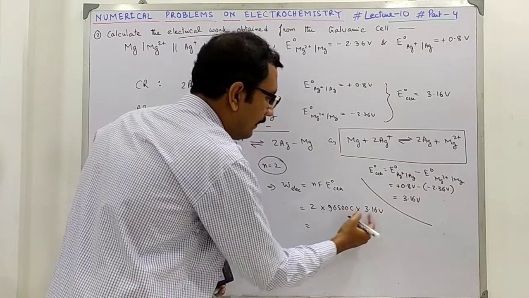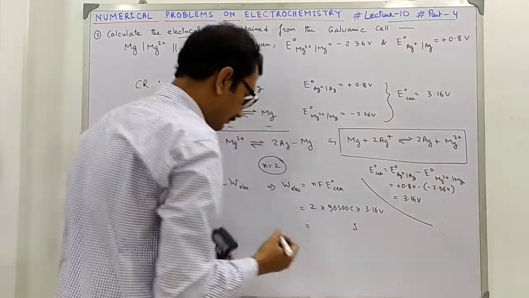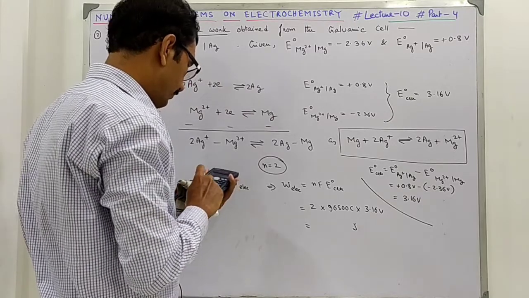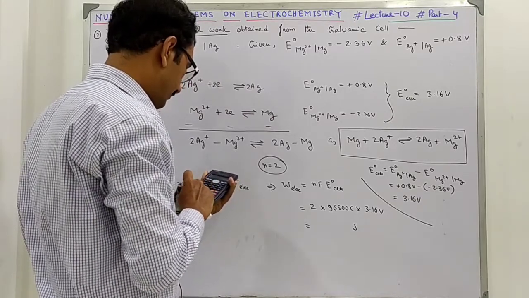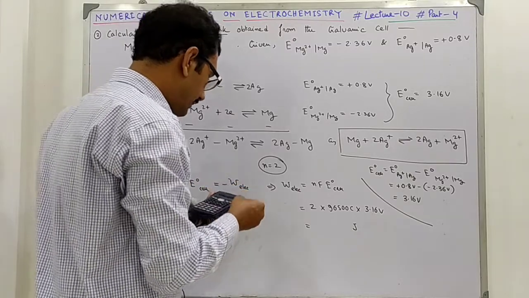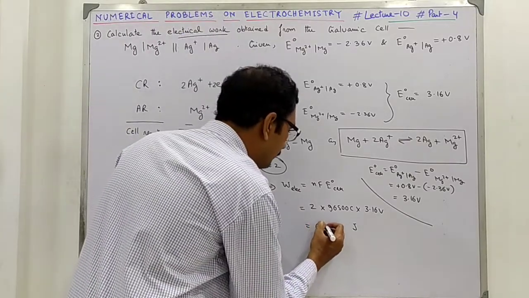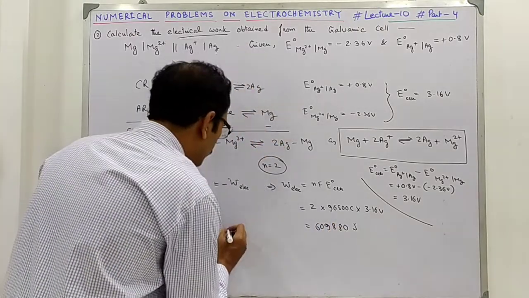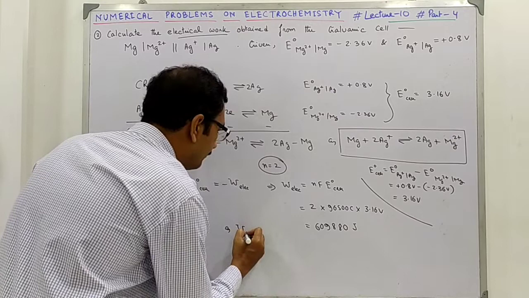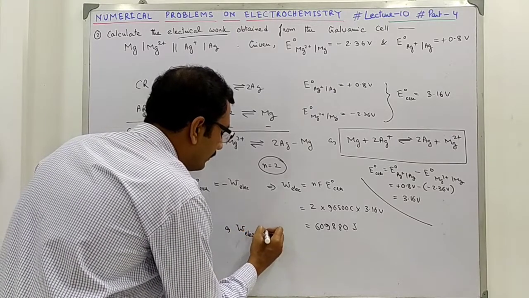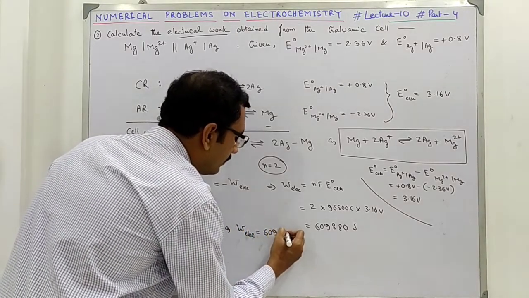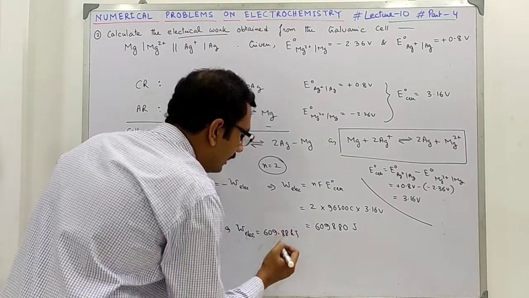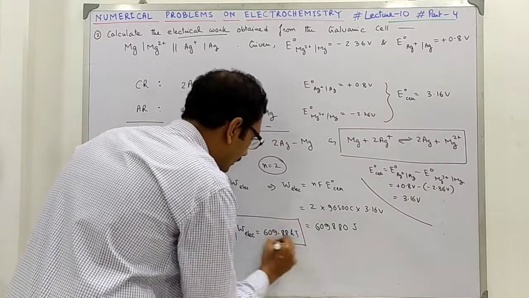Now, this volt coulomb is joule. So, we multiply this by 2 by 96500. So, it will be 609,880 joule. So, the electrical work that will be obtained from the cell is 609.88 kilojoule. This is the answer.